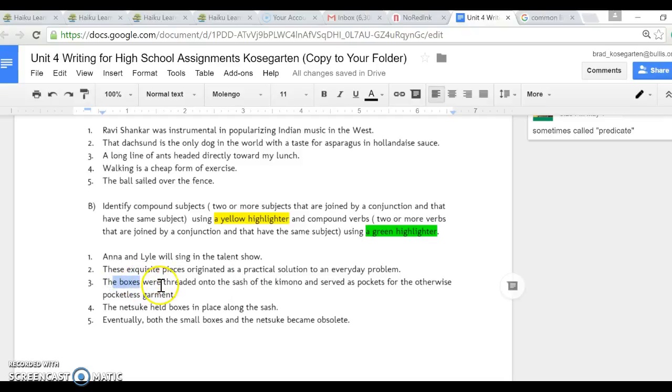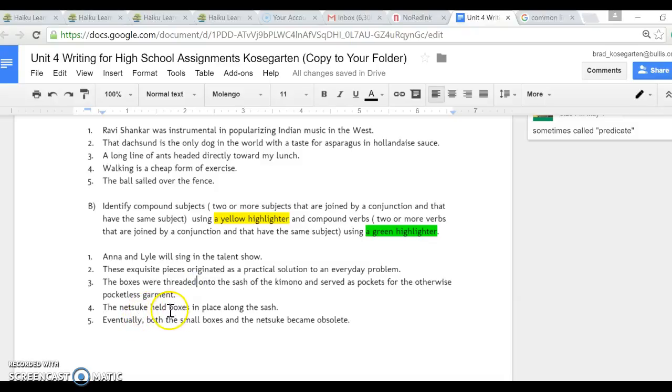Boxes were threaded, with were as the helping verb. Then we've got to look all the way over here, and served. So these need to be in agreement. Boxes were threaded, and we might be tempted to say and serving, right? But that would be incorrect. We'll talk about that later, it's false parallelism.